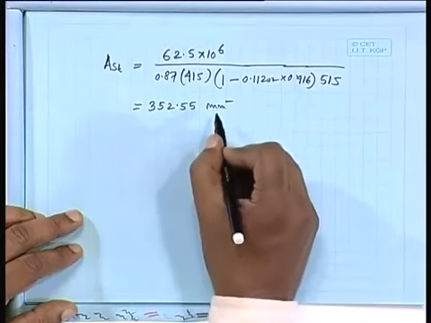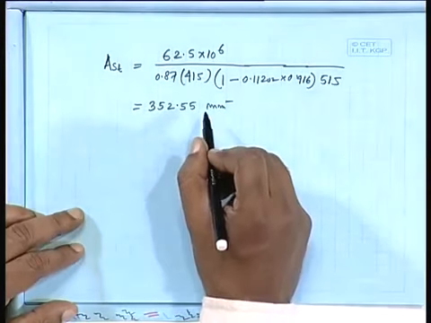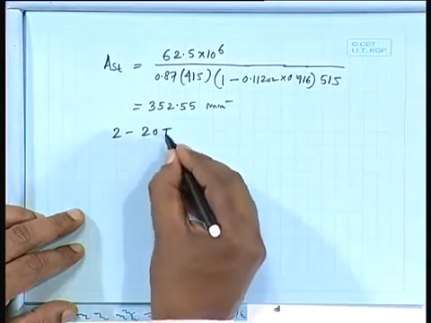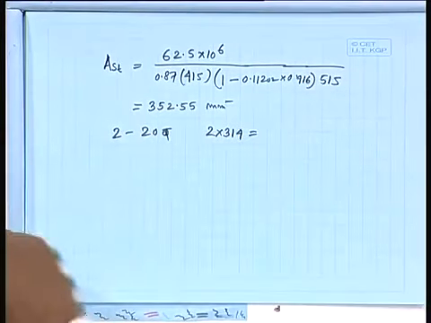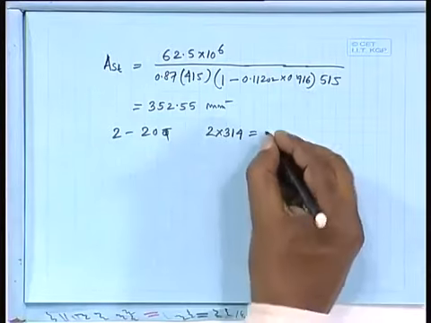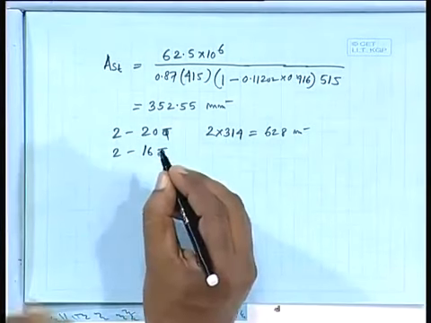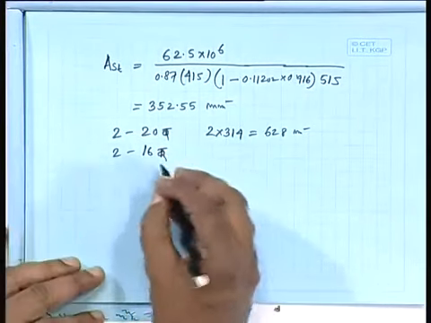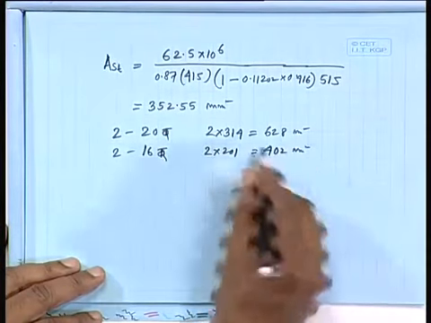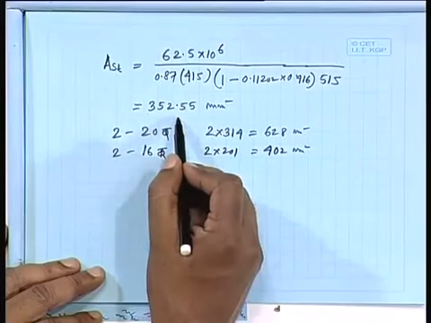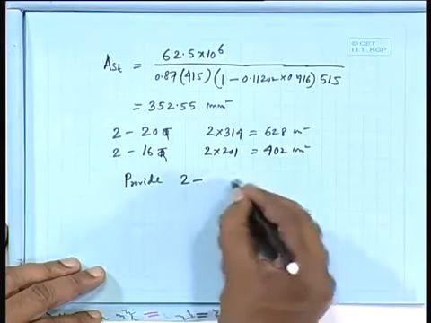So if we provide 2 numbers 20 torr, that will be 2 into 314, 628, but 2 numbers 16 torr, because always you have to provide at least 2 numbers, so 2 into 201, which is coming as 402, closer to this value 352. So let us provide 2 numbers 16 torr.